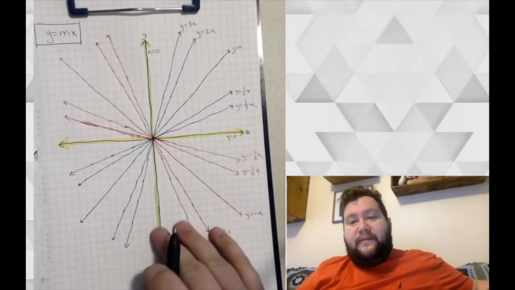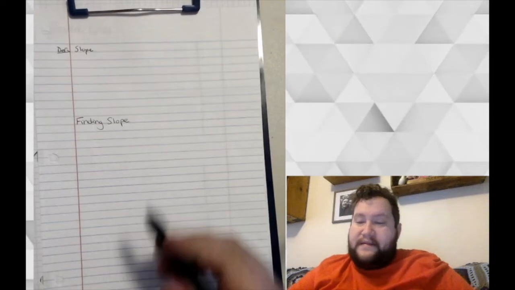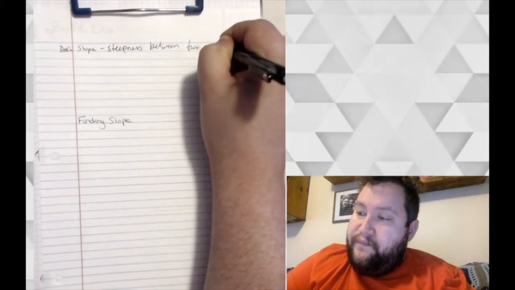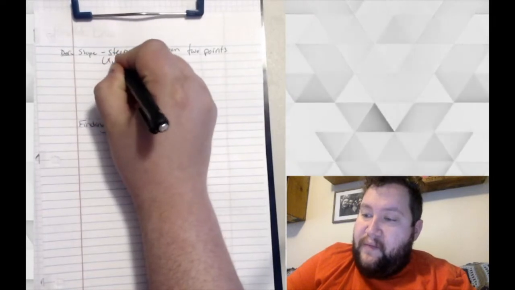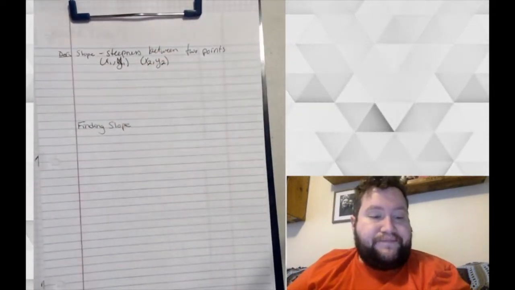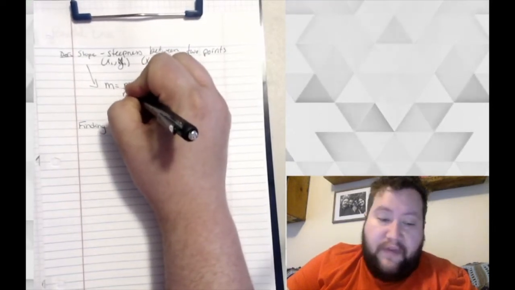So let's be a little bit more formal about slope. So we'll define slope as the steepness between 2 points. And now let's say those points are x1, y1, and x2, y2. So slope we say is the rise over the run.